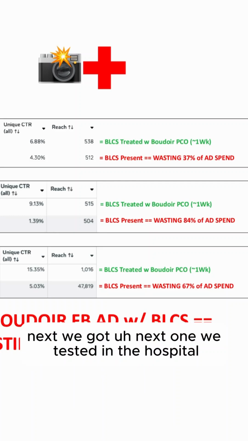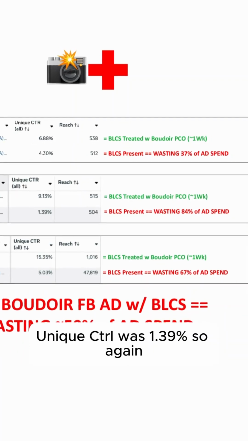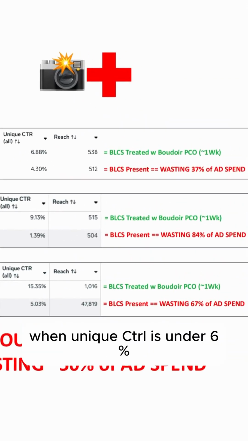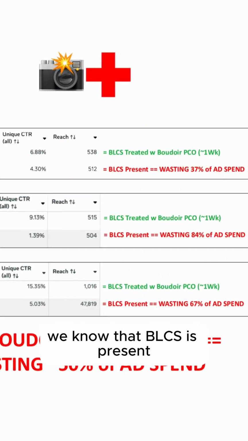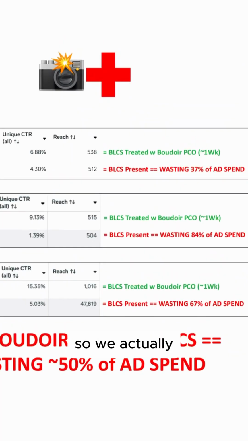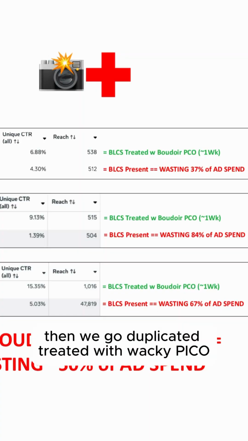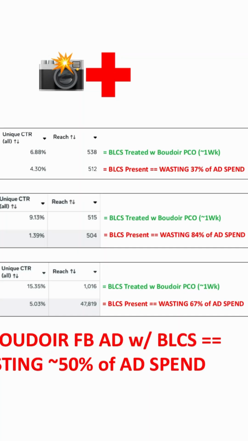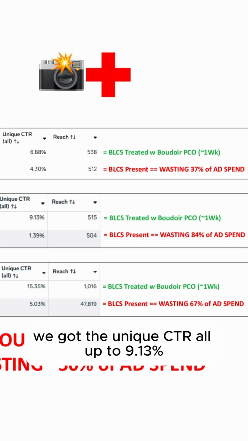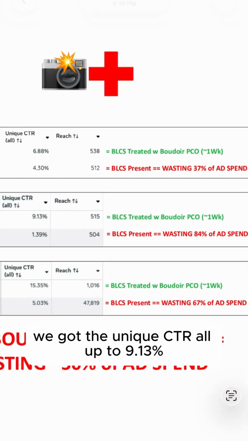Next, the next one we tested in the hospital, unique CTR was 1.39%. So again, when unique CTR is under 6%, we know that BLCS is present. So we go duplicate it, treat it with Boudoir Pico, takes about a week. We got the unique CTR up to 9.13%.